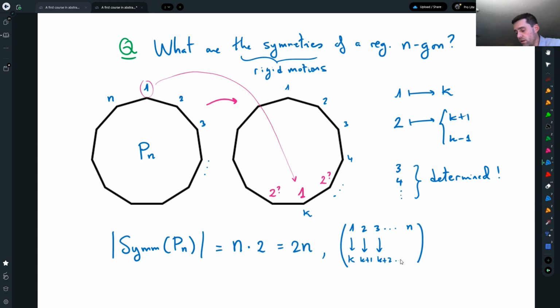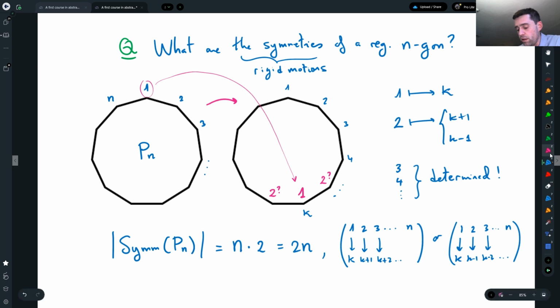The other option is that 1 goes to k, this goes to k minus 1, this goes to k minus 2, until I reach 1, and then it goes to n, and so on and so forth. But you see how where 1 goes and 2 goes determines where everything goes. So that's why there are exactly 2n elements. So this is a group, and this group is what we call the dihedral group, Dn.